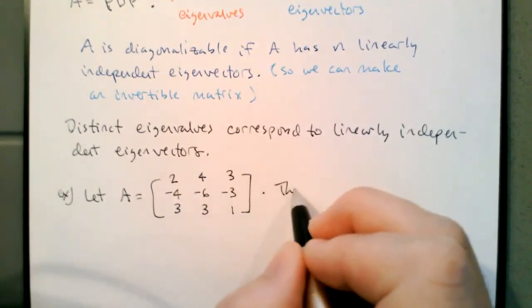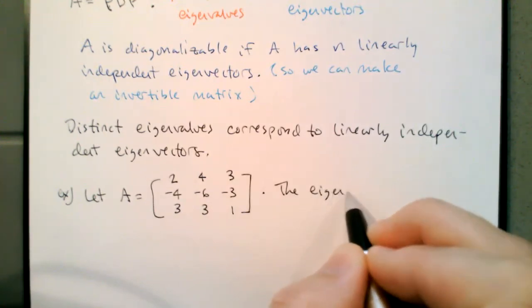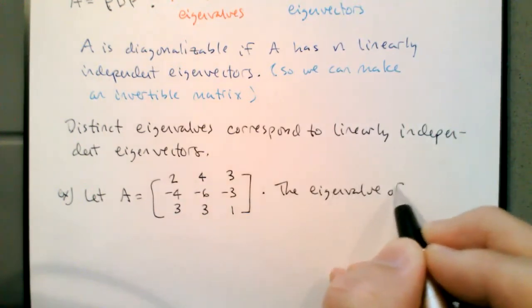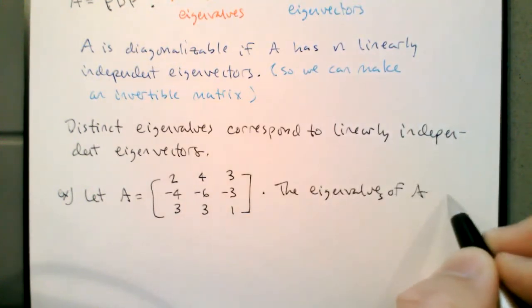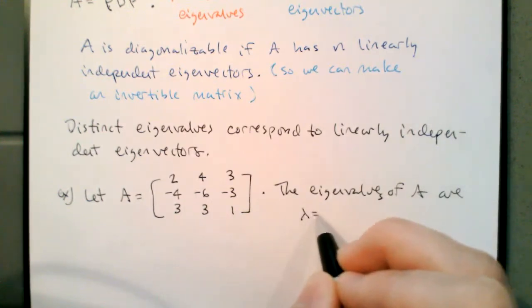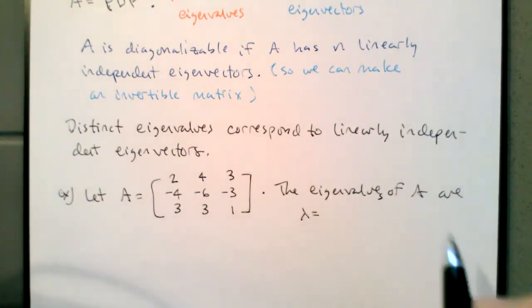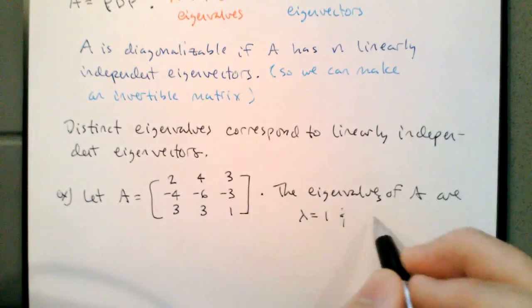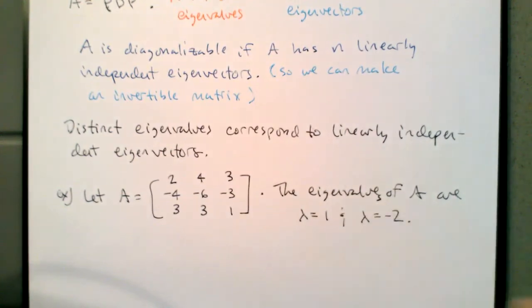The eigenvalues of A are, let's say, lambda equals 1 and -2. A is a 3x3 matrix, but only has two distinct eigenvalues. So A might be diagonalizable, it might not be diagonalizable.